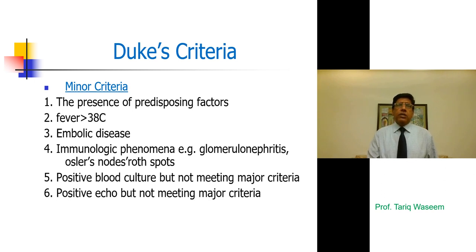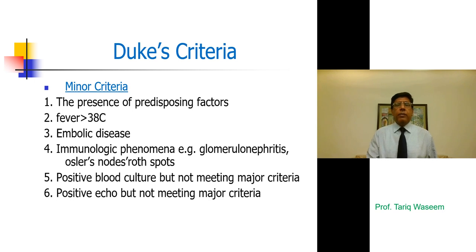Since this whole process of bacteremia is followed by initiation of an immunological process and recruitment of platelets, fibrin, and other inflammatory processes, the immune system is activated and immune complexes are formed, and these immune complexes can then start damaging other parts of the circulatory system or other organs.